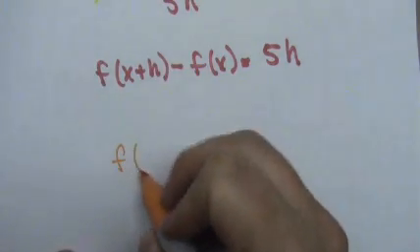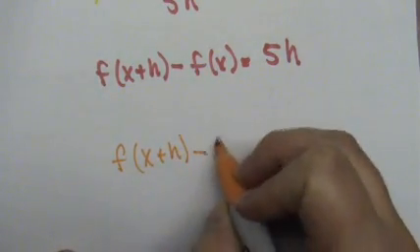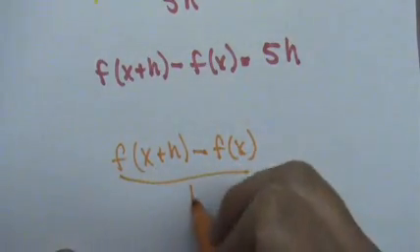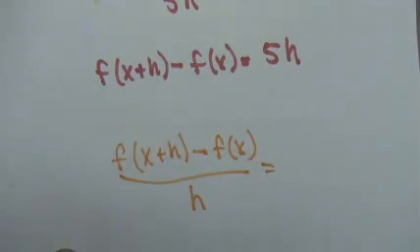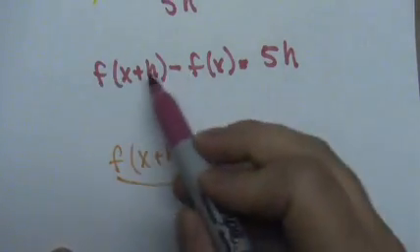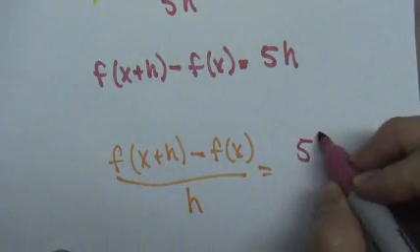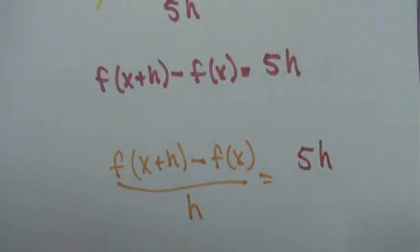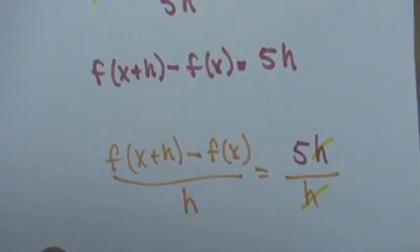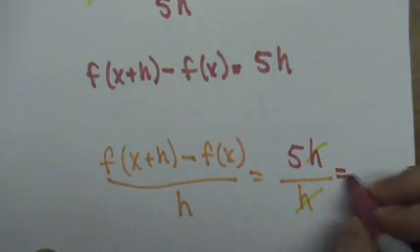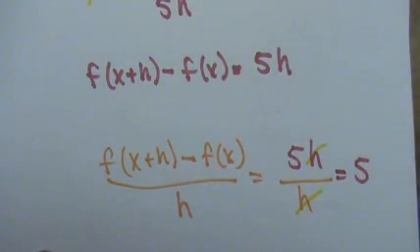So now what was the entire difference quotient? It was f of x plus h minus f of x over h. So we know the entire top now. We found that f of x plus h minus f of x was 5h. From this, we put it over h. The h's cancel. And we're left with 5. It's a lot of work just to get a 5, isn't it?